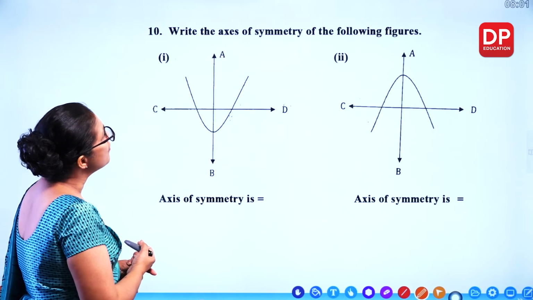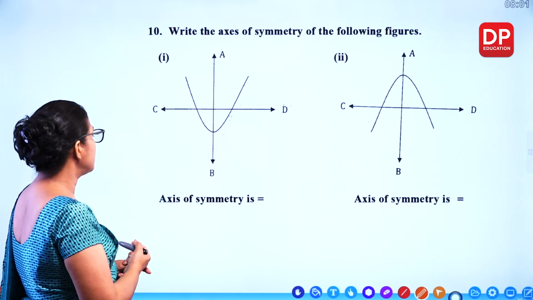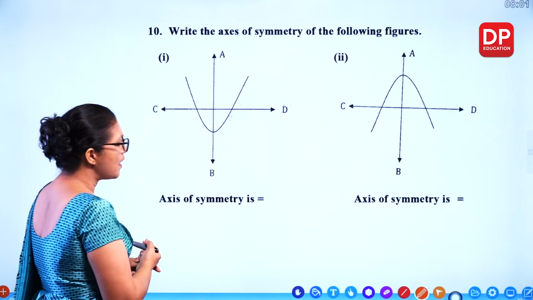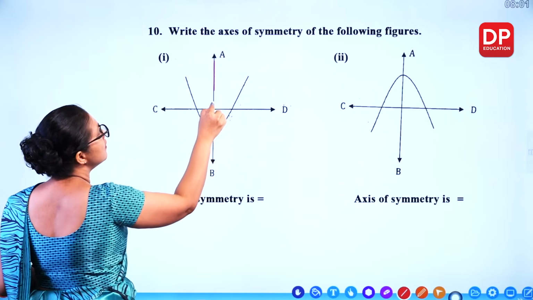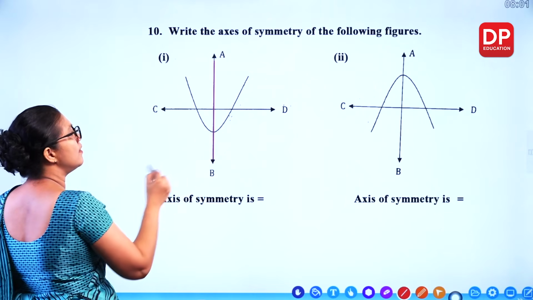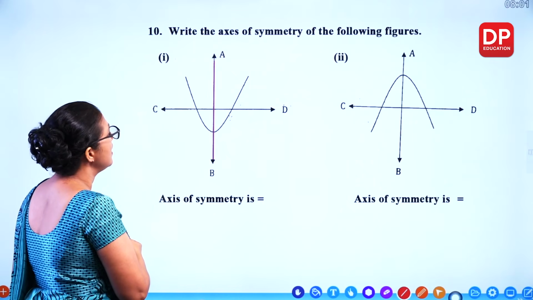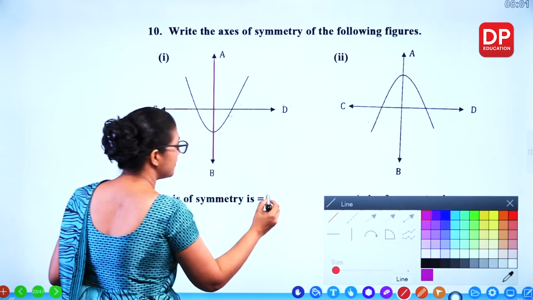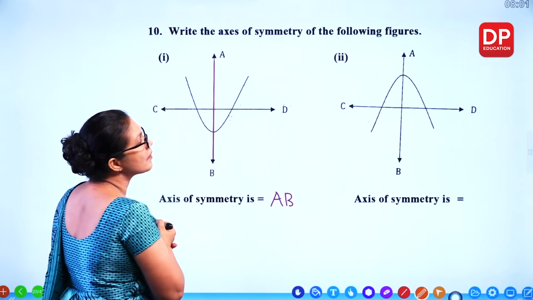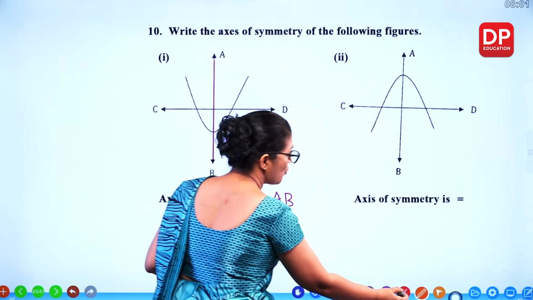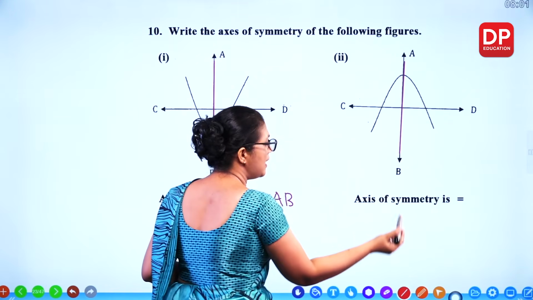Write the axis of symmetry of the following figures. How many axes of symmetry? Look at the figure. You can draw one line there, one axis of symmetry there. So what's that? AB line. This one, you can draw this line. So that's also AB line.